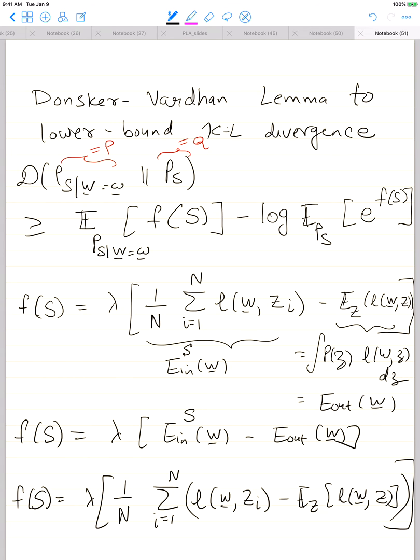I can just take this inside the summation because it's a constant term, not dependent on i. So I'm just subtracting this term over and over n times and hence dividing by 1 over n. This is the same as this.